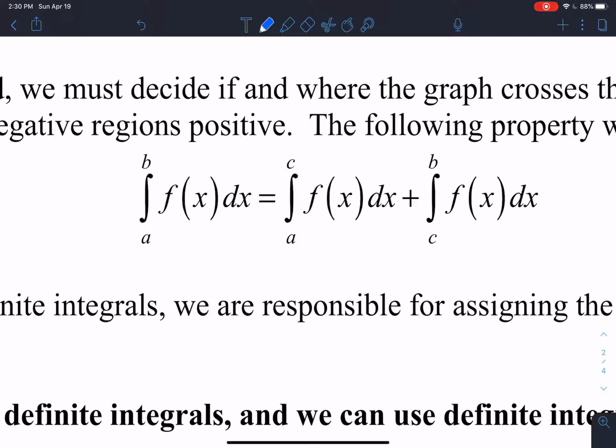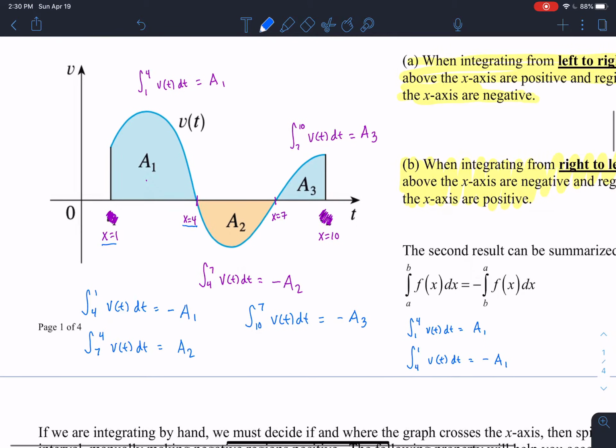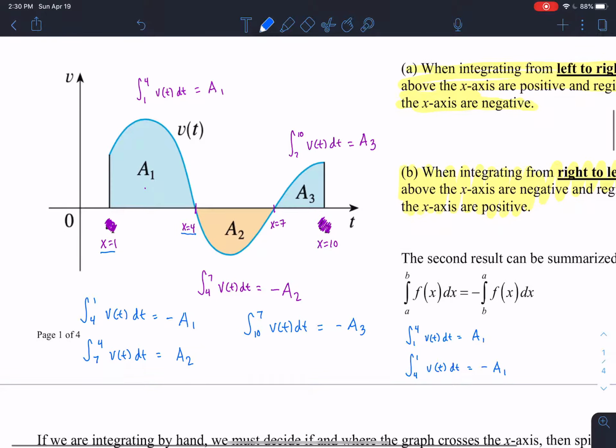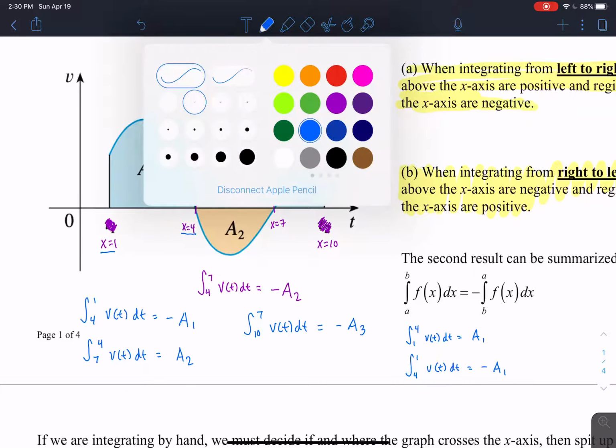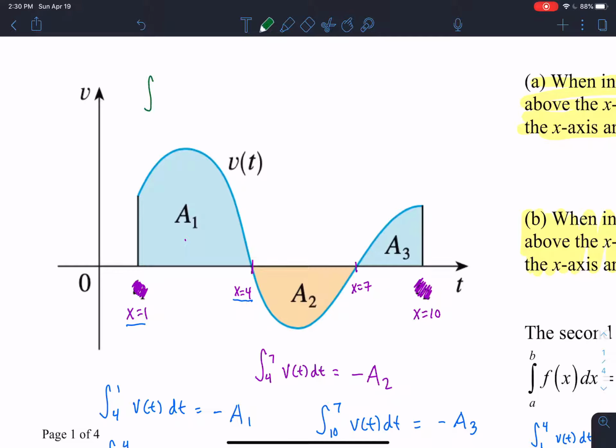For example, going back up to this picture, say I wanted to figure out the integral from 1 to 7 of this function.